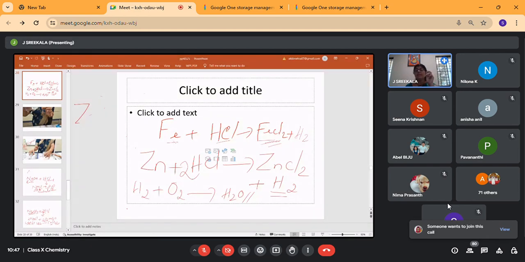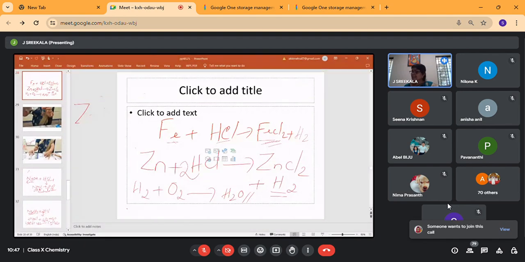The correct one is FeCl2. Another one, FeCl3, is also there, as iron shows variable valencies. Now, what is the reaction of metal with acid? That is what you have studied. Children, write this question in your book.